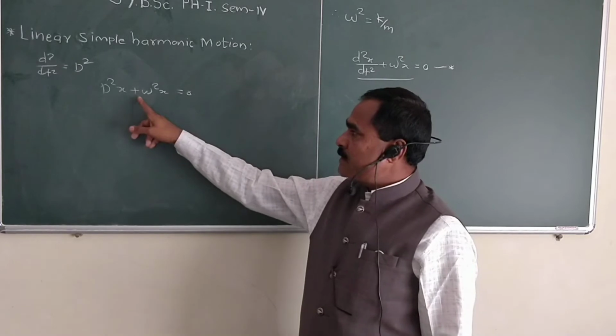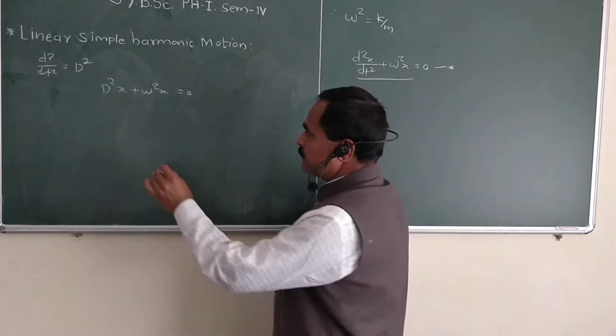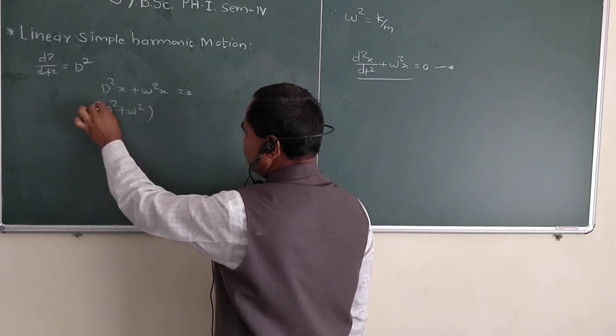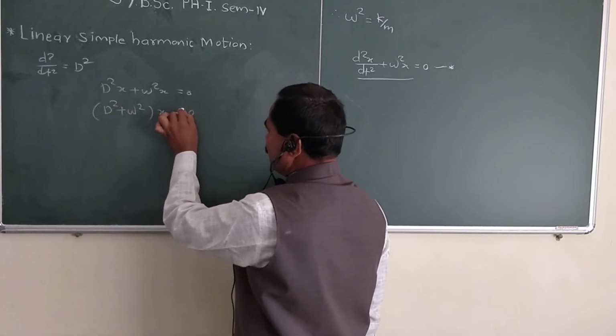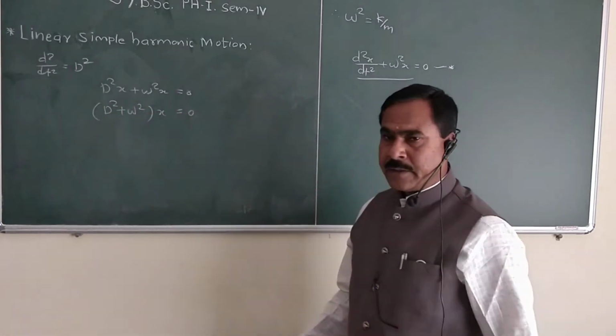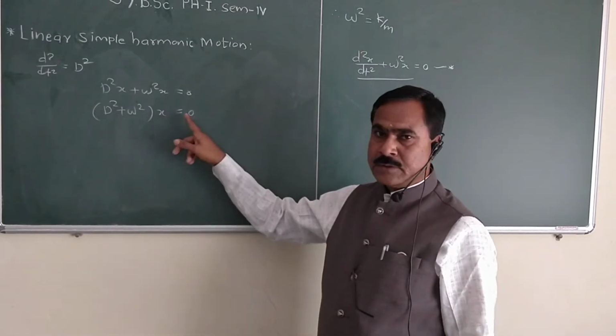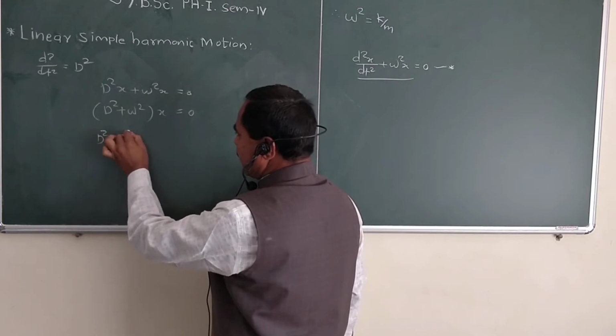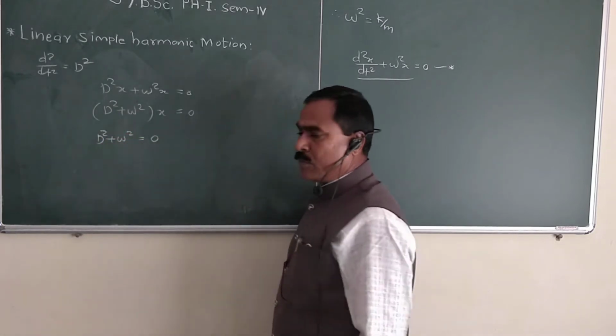So we take x common, then we write D square plus omega square into x equal to 0. Then we equate this to 0. Then we have to write D square plus omega square equal to 0.